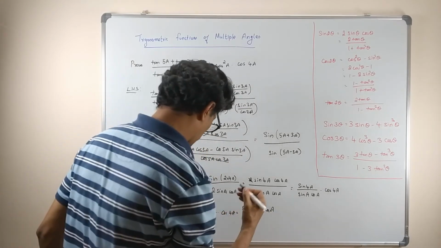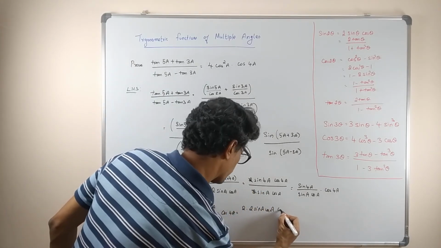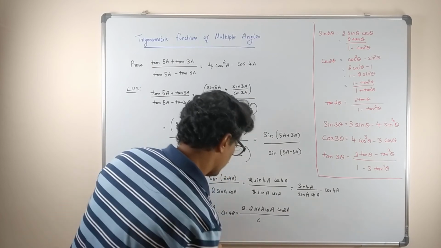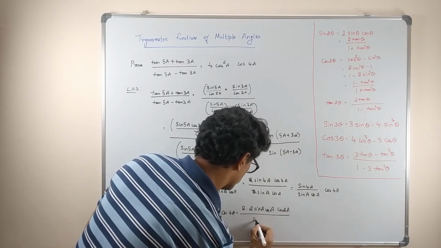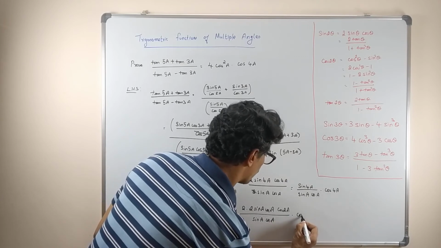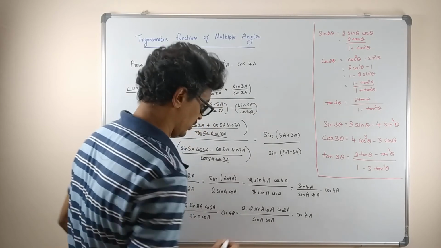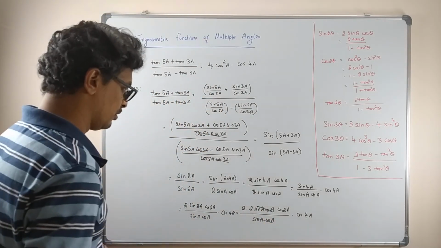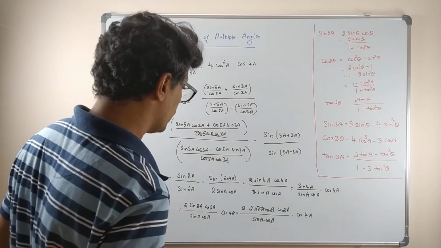See, we have to just keep on doing this jugglery. Cos 2a divided by sine a cos a into cos 4a. Okay? So this cancels off. Okay, so what's the answer we are having?